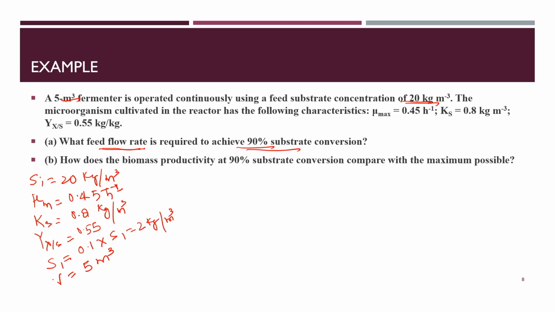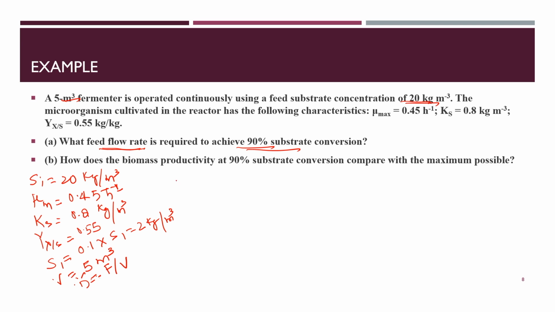The dilution factor is defined as D equals F upon V. So, if you know the value of dilution factor, we should be able to calculate the flow rate.